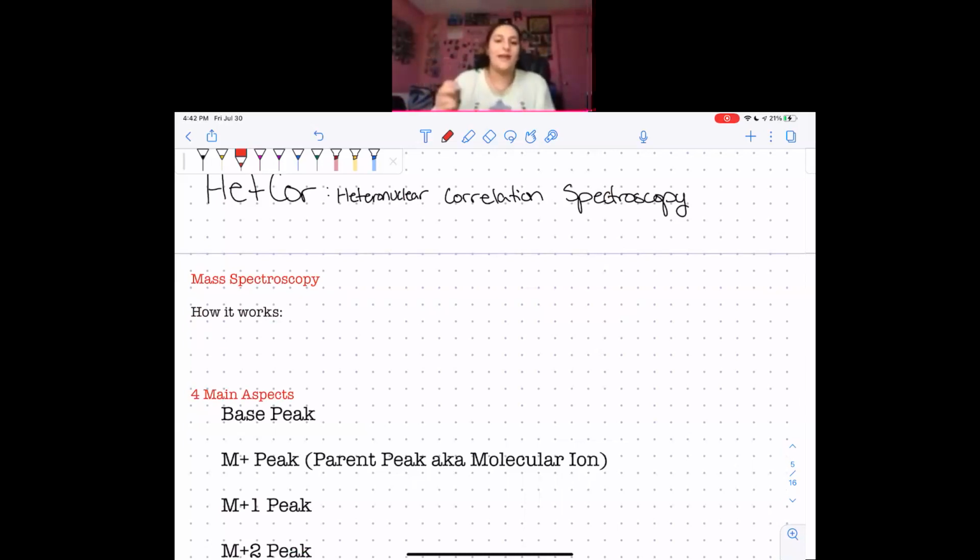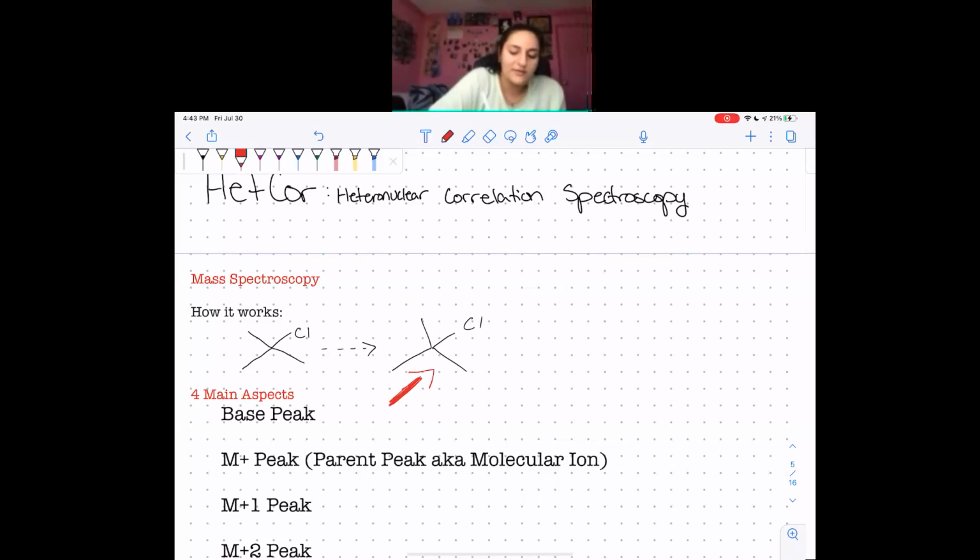So how mass spec works is we have a molecule, and for example, I'll give you something like this. We put it into the machine, and the machine is going to fire a beam at it.